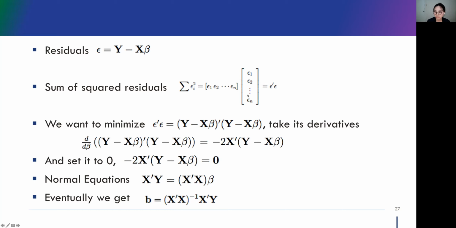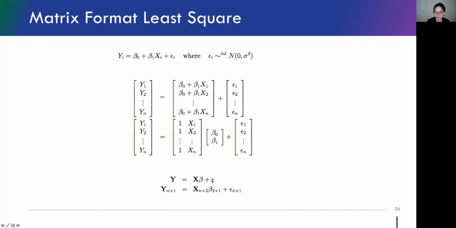So that's how you do vector multiplication, right? And written in matrix format, it's just epsilon prime, which is the transpose of epsilon, times epsilon itself. And the epsilon here is this vector.